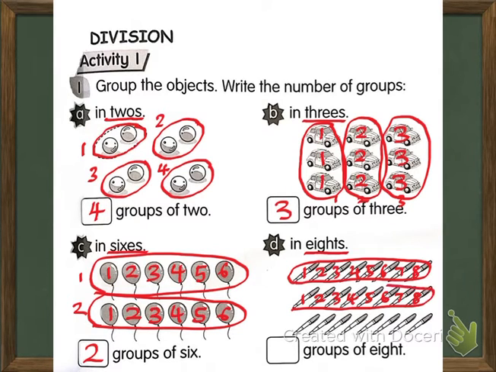Group it as one group. Next one, 1, 2, 3, 4, 5, 6, 7, 8. Group it as another group. So how many groups of 8? 1, 2, 3. There are 3 groups of 8.